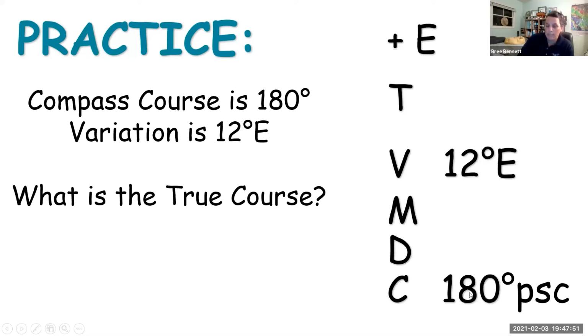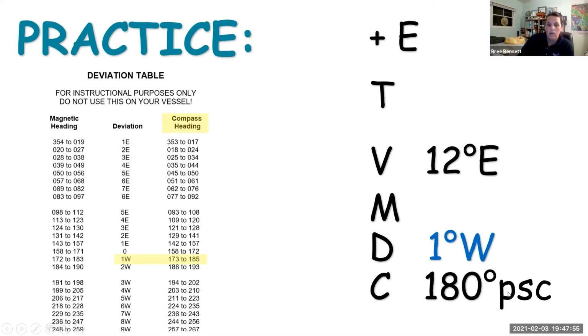So with my compass heading of 180, going to my deviation table with my compass heading of 180, what is my deviation? 1 west, yeah. 1 west.